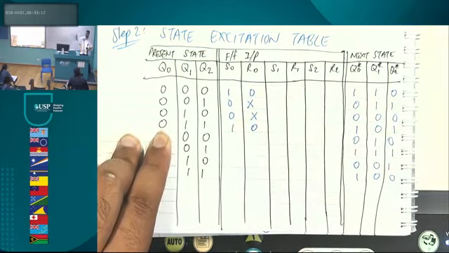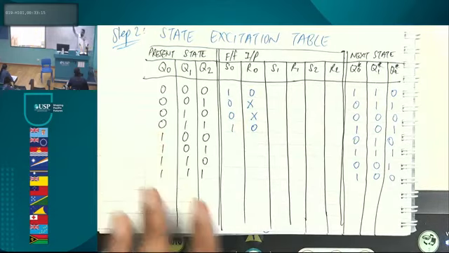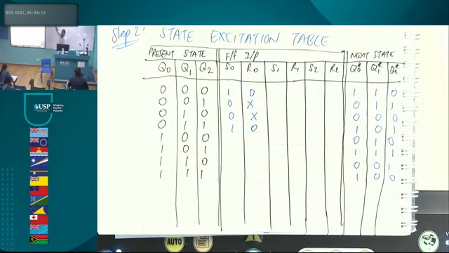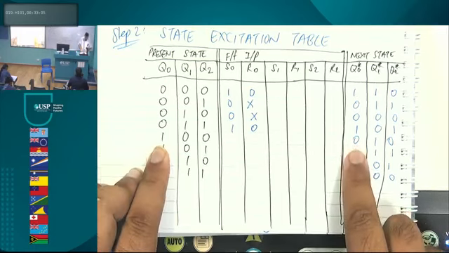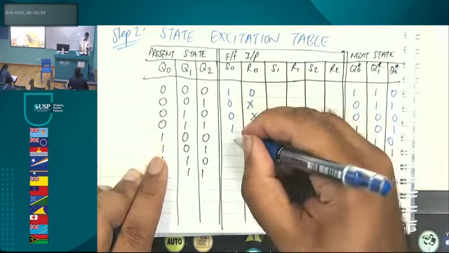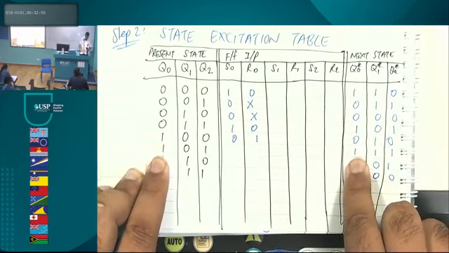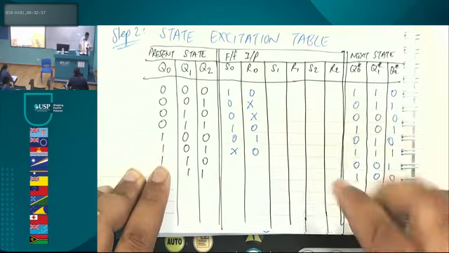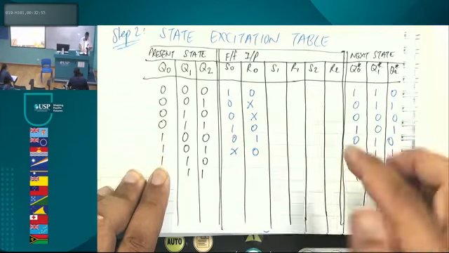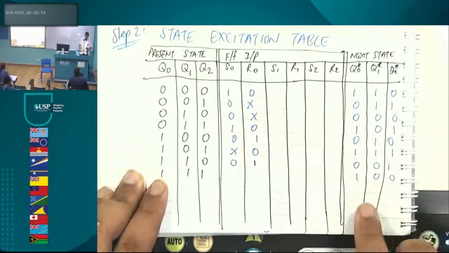Anybody stuck with the excitation table? Doesn't know how to read the excitation table? This is your chance. Now, 1, 0. 0, 1. Okay, let's speed up now. 1, 1. 1, 0. 1, 1.